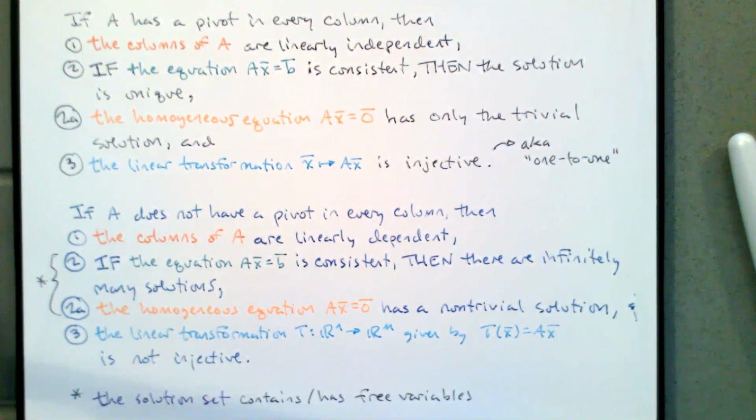Those are the things that go with rows. That's the row stuff. This page is the column stuff. So that's why I separate this out into row stuff and column stuff. What do we know when we observe the pivots in the rows? What do we know when we observe the pivots in the columns?